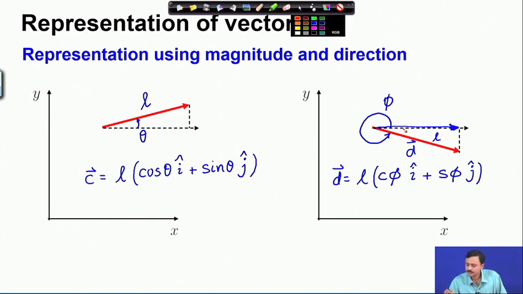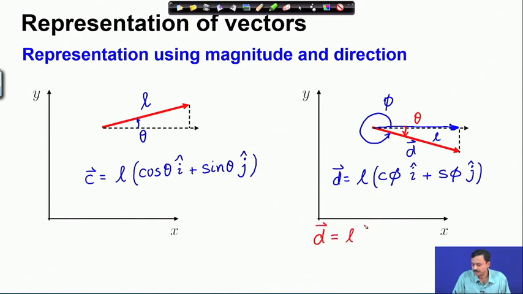Sometimes it is quite tempting to use this angle. Let me call this angle theta, but now you see from the datum I have to measure in the clockwise sense. So, therefore, you can also represent D as L cosine of minus theta i cap plus sine of minus theta j cap.